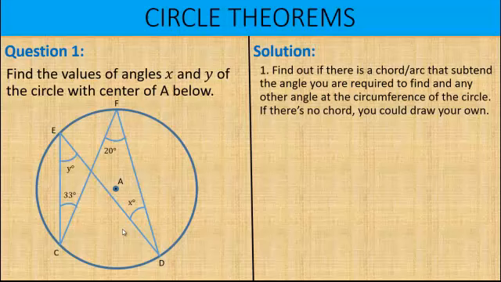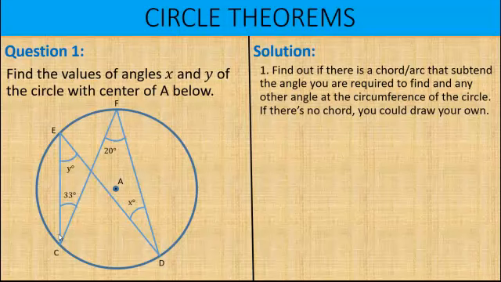When such diagrams are given to you in class exercises or in your final exam, just find out where the chord is, or if there is no chord, where you can find an arc on which you could stand to solve the question.